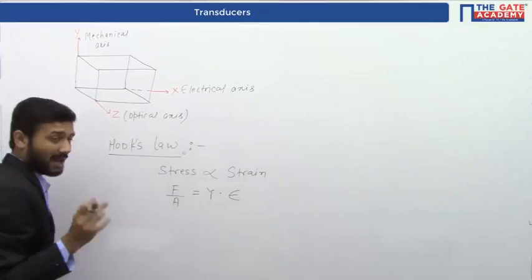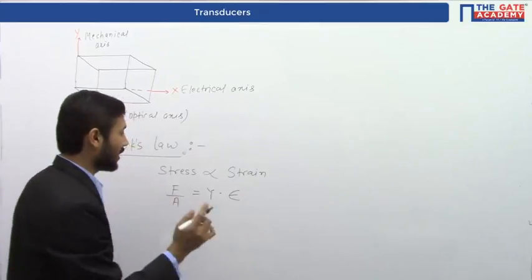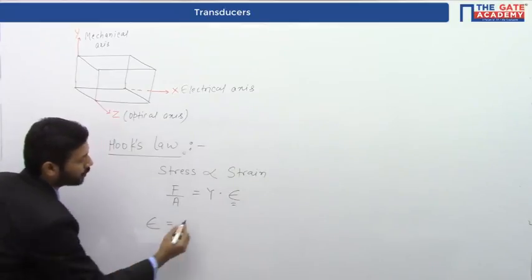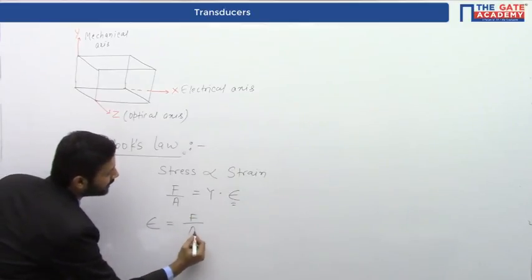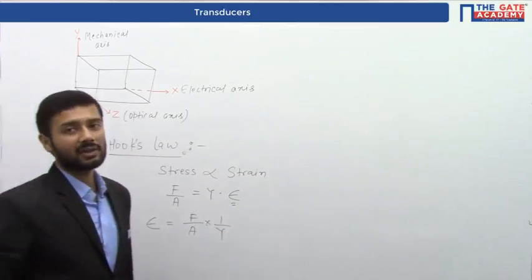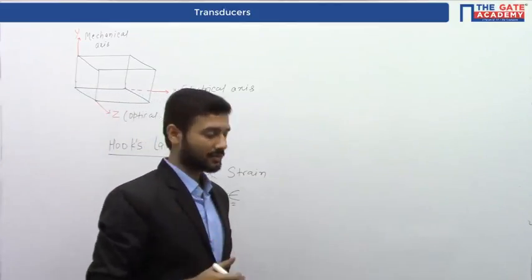So we have to find the value of strain. So strain is equal to F, force per unit area, into 1 by modulus of elasticity, which is Young's modulus.